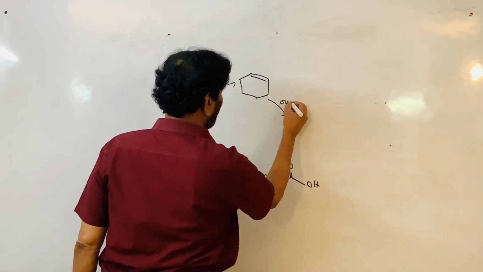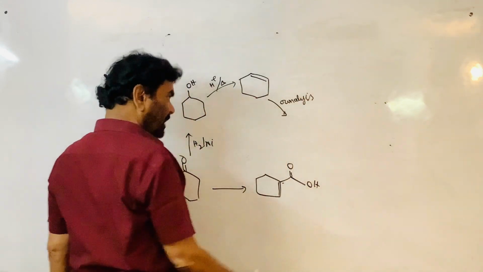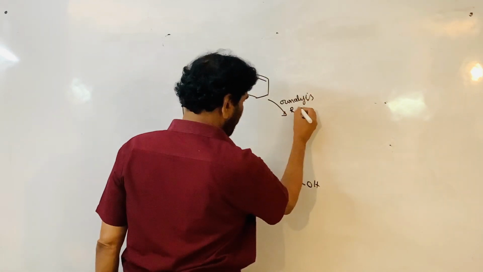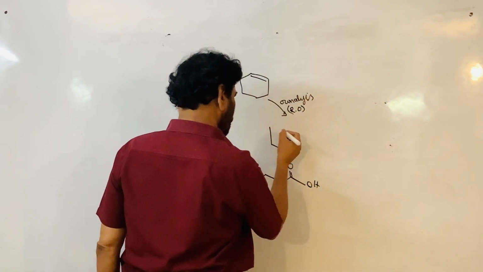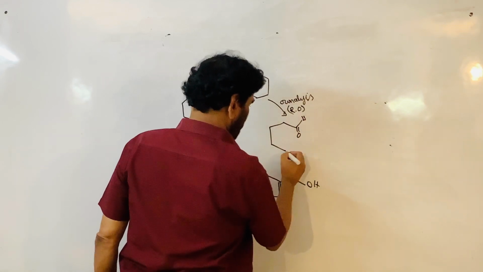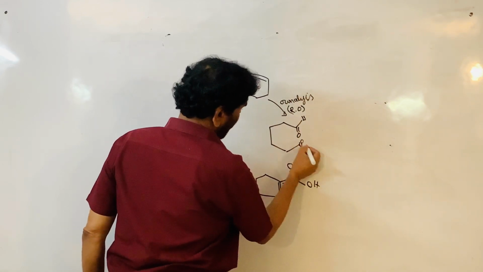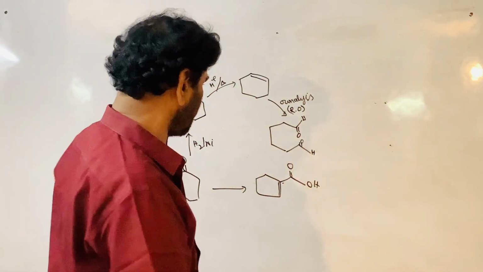Ozonolysis, reductive ozonolysis. Then what happens? 1, 2, 3, 4, 5, 6. Dialdehyde is formed, hexane 1,6-dialdehyde.